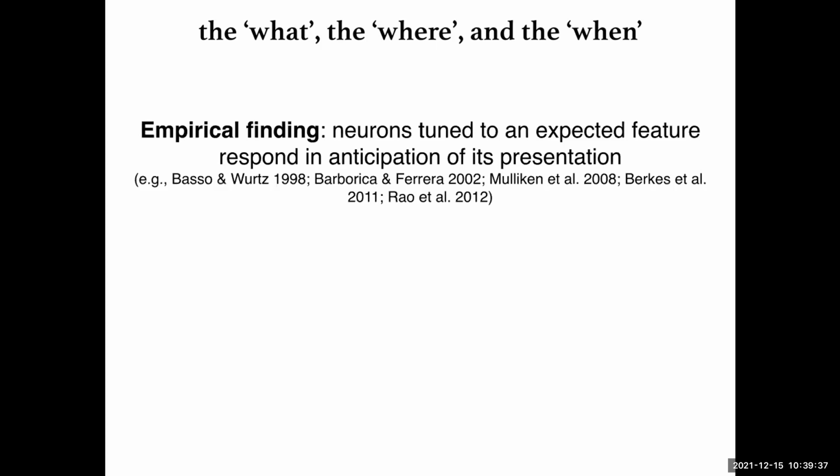We already know quite a lot about the what and the where. The main empirical finding is that we have neurons in the brain that are tuned to specific features in the environment, let's say a particular location, and those neurons will start firing in anticipation of a stimulus if that stimulus is expected to appear in that particular location.